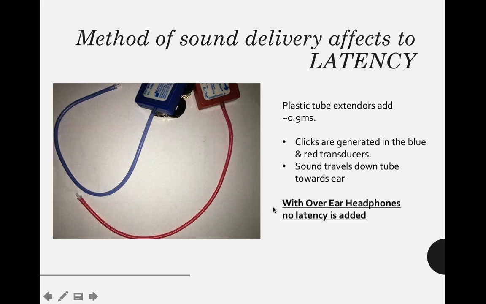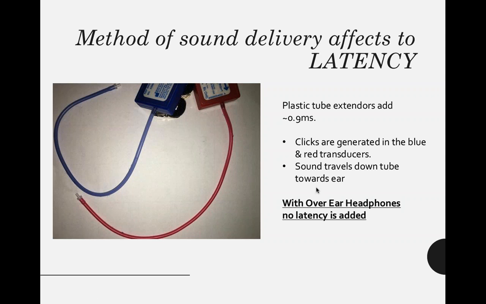That's pretty common. It's important to note that when you have over-the-ear headphones, when the sound is being delivered to the ear directly and you don't have this distance, you don't have that change in latency. So you'll see your wave 1 with your earphones appearing about 1 millisecond earlier than if you had these tubes in place.